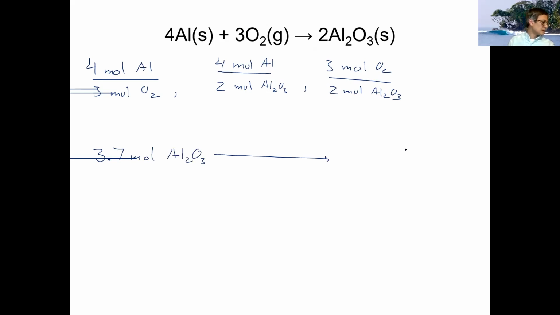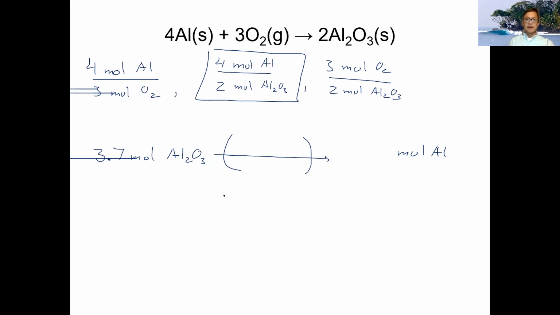So they're asking me to find how many moles of aluminum you will need to form this many moles of aluminum oxide. So let's take a look at the 3 options here. We need to find the mole ratio that has the aluminum oxide and aluminum in it. And if you take a look at that, it looks like the middle one. This one has both of them. So we'll use that one in order to do the conversion.